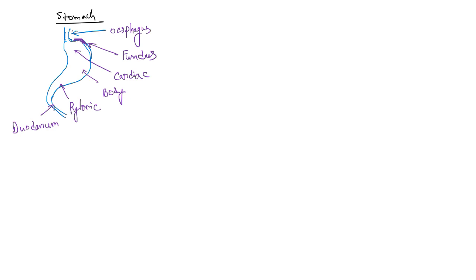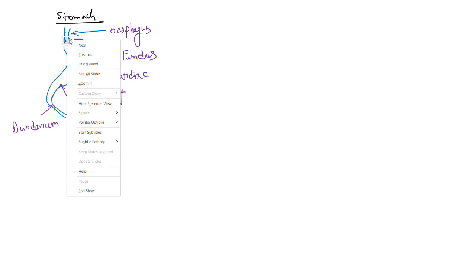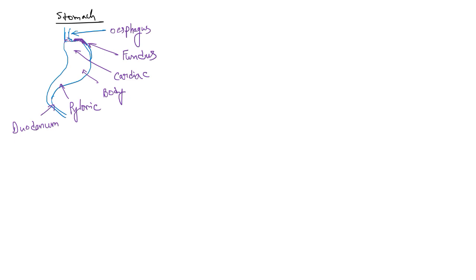And what we can tell is that between the esophagus and stomach there is a sphincter, a muscle layer, which is like a valve. And this valve opens up in one direction. This is known as the gastroesophageal sphincter.